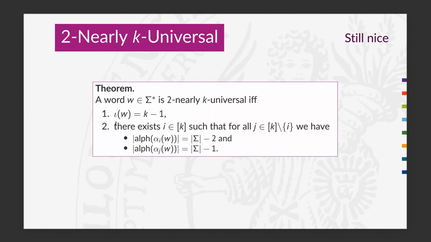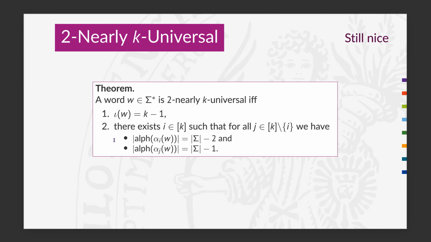For 2 nearly K universality, we still have a nice result. So what do we have? Again, we have K minus 1 arches. But now it may be that one alpha J is missing 2 letters.